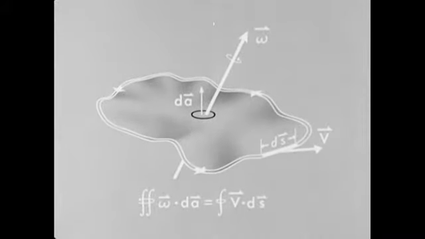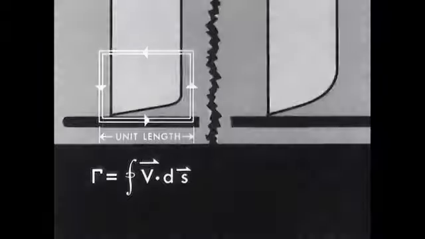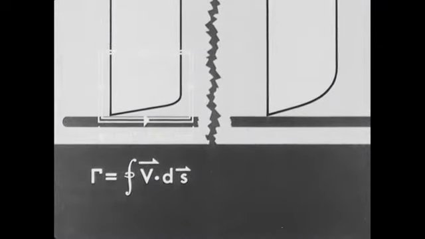The circulation gamma is the sum of the vorticity enclosed by the contour. The contour at the upstream station is a unit length along the plate and is more than a boundary layer thickness in height.